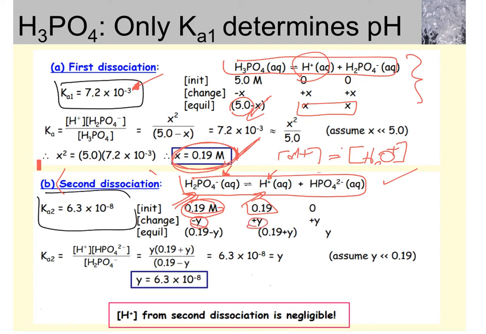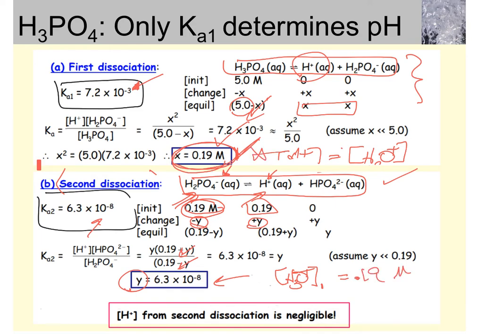Now again, Ka2 is very small, so we're going to go ahead and assume that we can neglect Y. And there we would then solve that Y is 6.3 times 10 to the minus 8, and that is trivial compared to the concentration. So the concentration of hydronium ion from the first ionization is 0.19 molar, right? We got that up here.